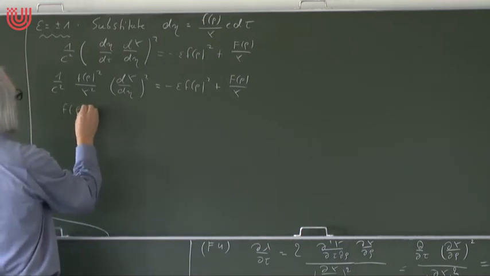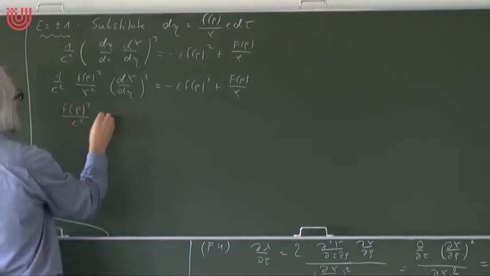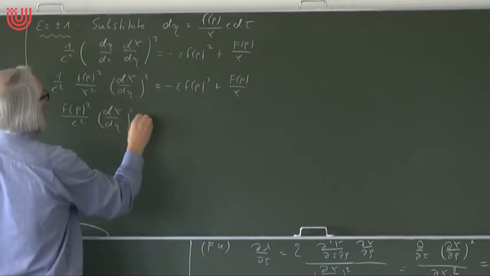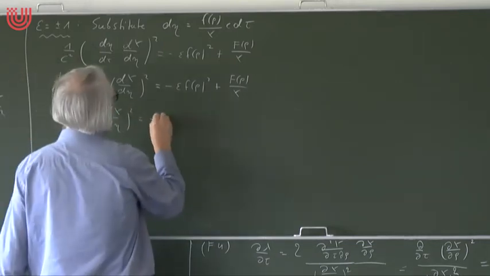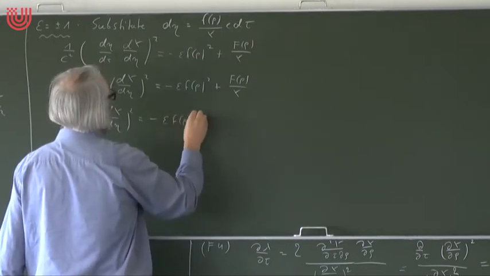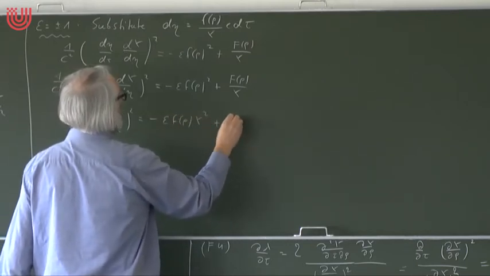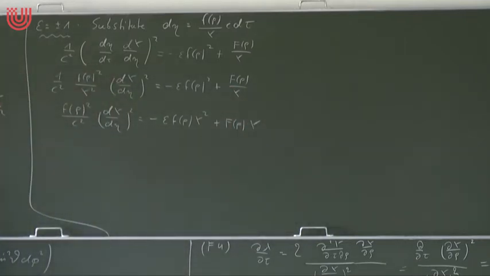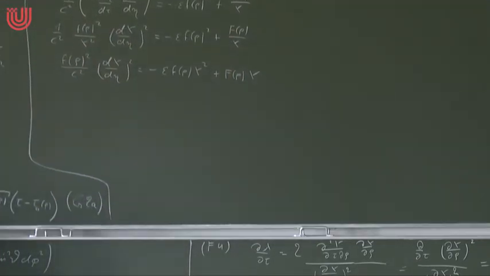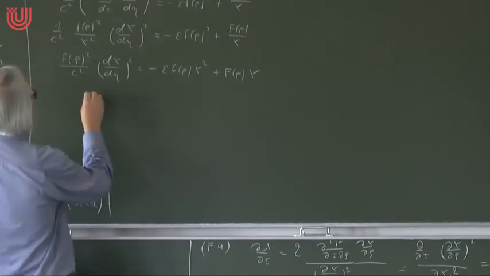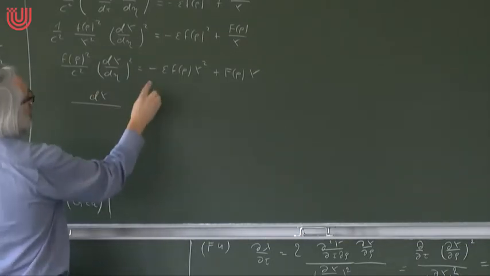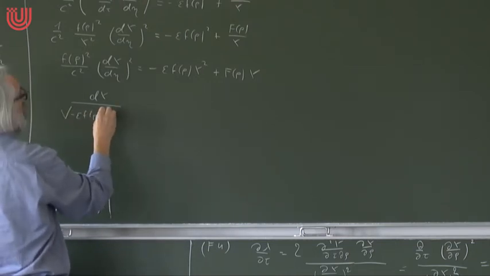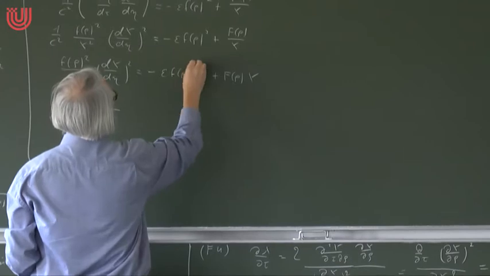So I multiply with y squared. And I have minus epsilon f of rho y squared plus f of rho times y. And that's an elementary integral. So I have dy divided by the root of this here. This was a square, right? I forgot the square.